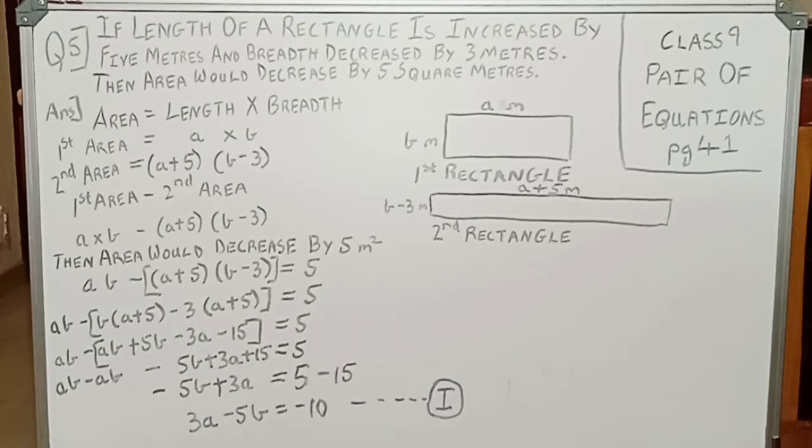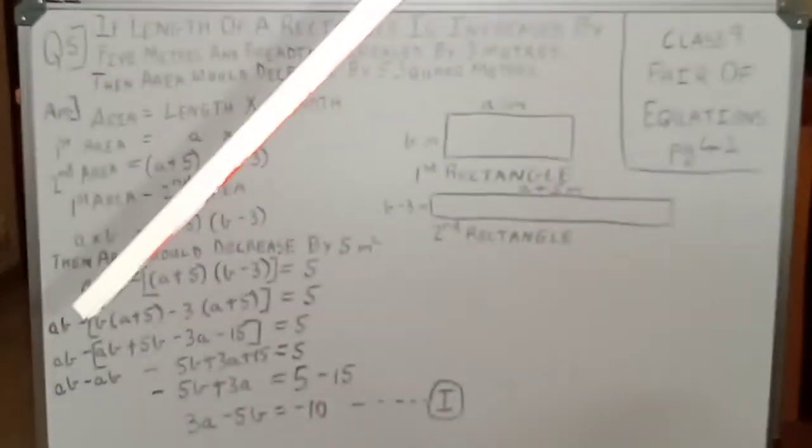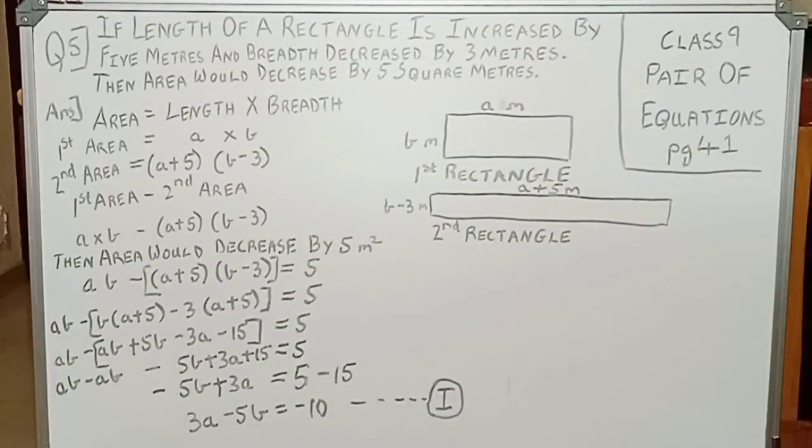Now you have to close the bracket, is equal to 5, and you can see before the square bracket there is a minus sign. So this minus sign would be applicable for all the terms. Before applying the minus sign, we are again doing the multiplication first. AB minus a into b, b into a and a into b is one and the same.